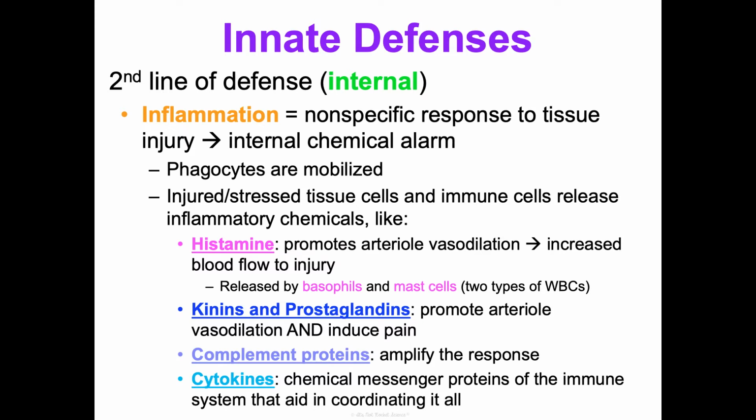Inflammation is a good thing because it helps your body fight infection by preventing damaged invaders from spreading to other tissues. Obviously, it also gets rid of cell debris and pathogens with the phagocytes that get mobilized. It alerts our adaptive defense systems that something is going on, which is important. And then it gets the injured area prepared with all of that blood flow, which is going to bring nutrients.